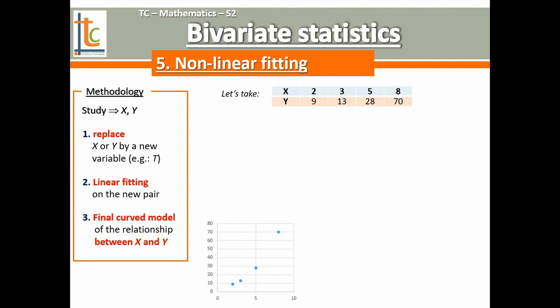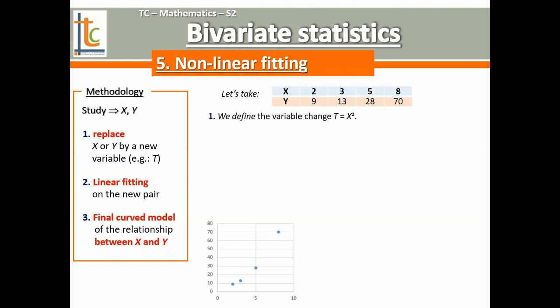We have to perform some variable change. What does it mean? If we want a parabola to fit this point cloud, and we want to change its shape into a straight line, maybe a variable change like t equals x squared could be a good way.